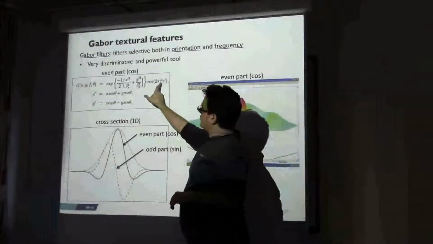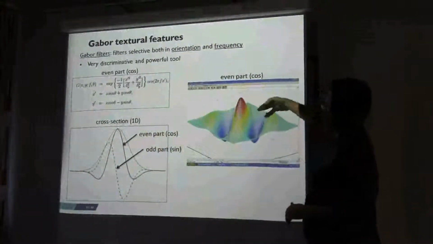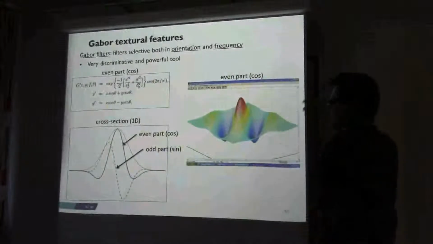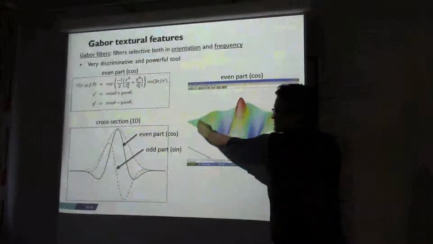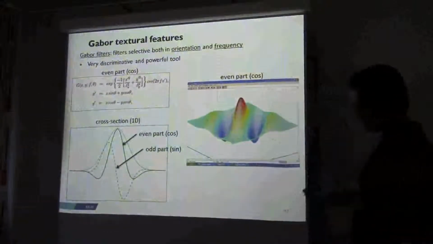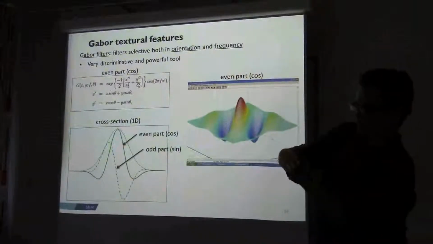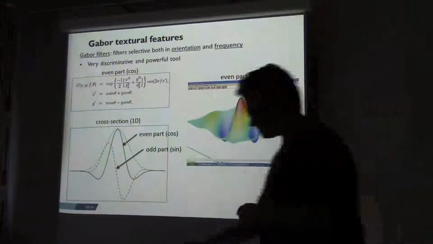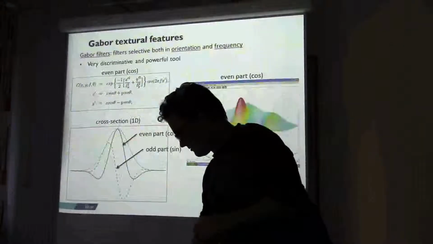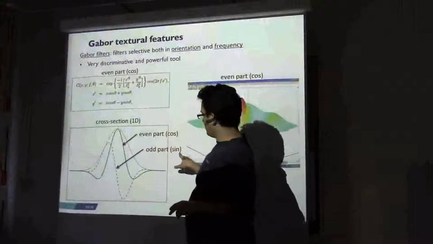So you can rotate your sinusoid. You can decide in which direction you have your oscillation, and you also define the size of the neighborhood that you are analyzing. So you are analyzing different frequencies at different orientations. And you can have the cosine or the sine part. There are two versions.